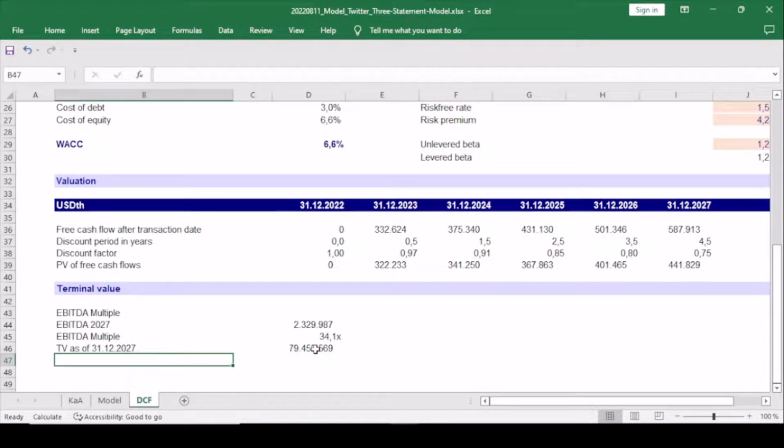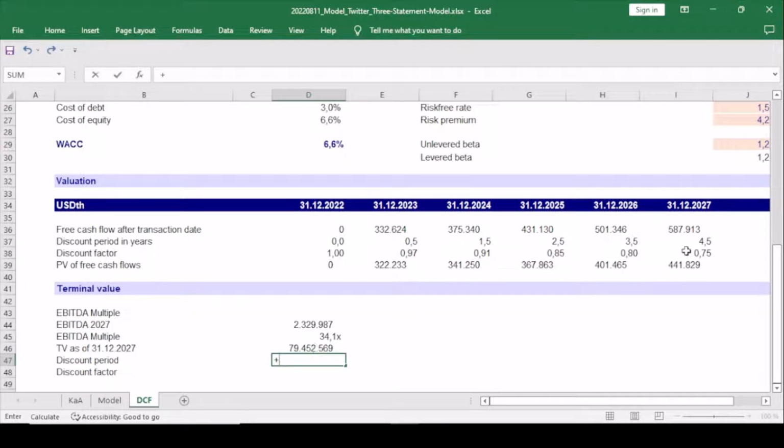So what we need next is discount period and the discount factor, as we did in the free cash flow calculation. However, what you use here is the discount factor as shown in the last free cash flow of the planning period, which is 4.5, hence meaning the mid-year of 2027.